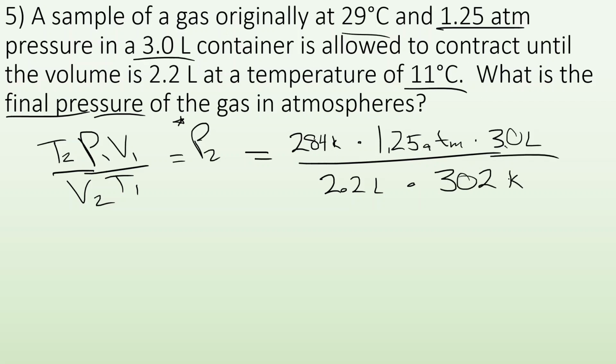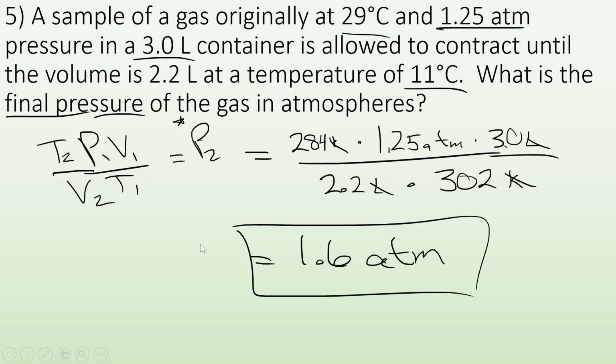Now let me check my units. Kelvin cancels out, liters cancel out, I'm left with atmospheres. Beautiful. So now I can pick up my handy dandy calculator and get 1.6 atmospheres as my final answer. There you go.